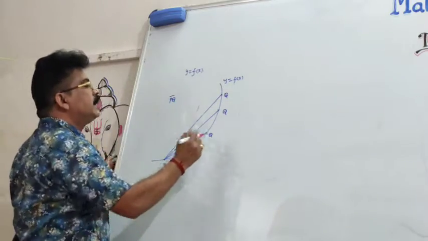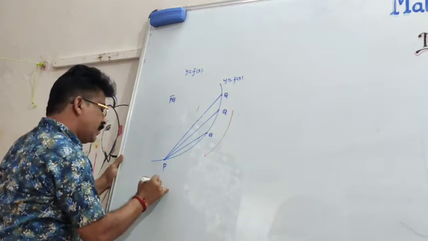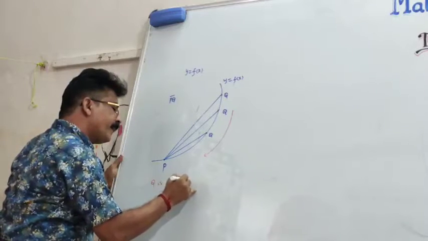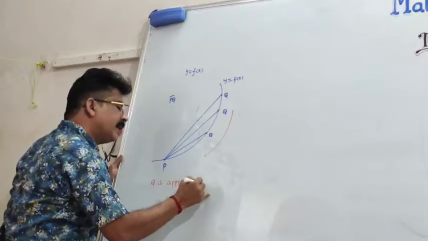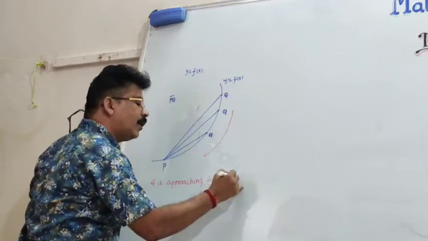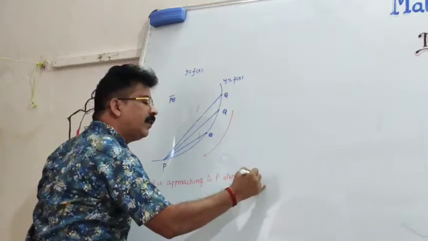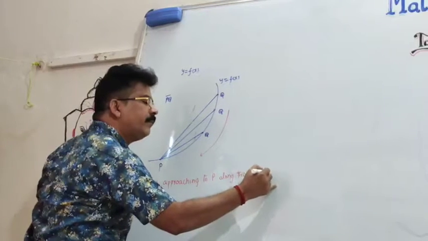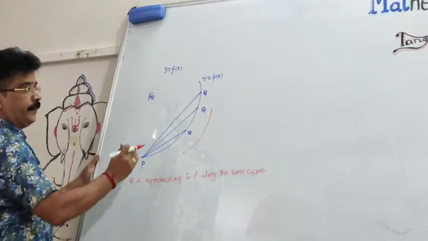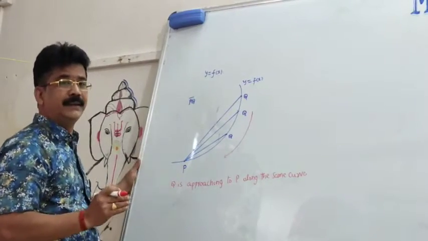Capital Q is approaching capital P along the same curve. At the same time, the length of the chord is diminished gradually.